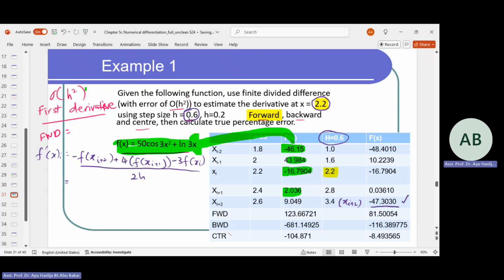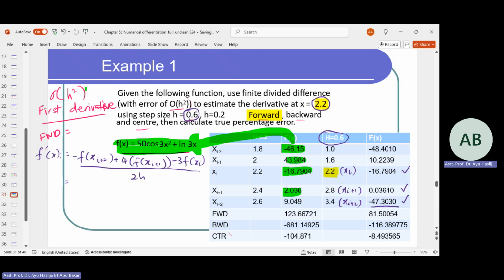Okay, sub this value into the equation. Then plus 4 multiply fx1. What is the value? 0.036 over here. This is your xi plus 1. This is your xi. Then minus 3 fxi. Divide by 2h.